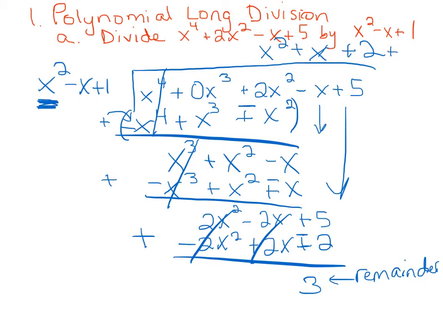So it doesn't go in anymore, but we're left with 3 over x squared minus x plus 1. So our final answer then is this x squared plus x plus 2 plus 3 over x squared minus x plus 1.